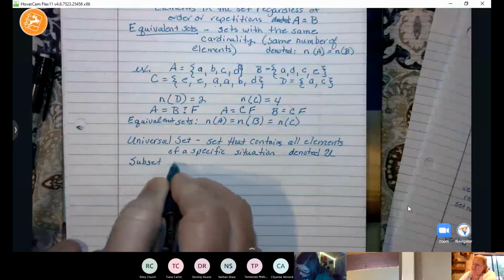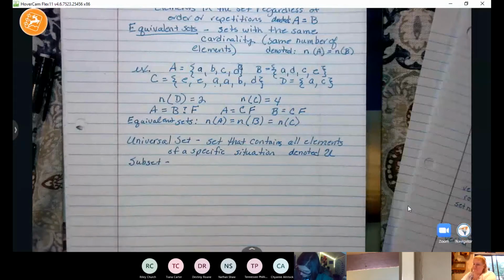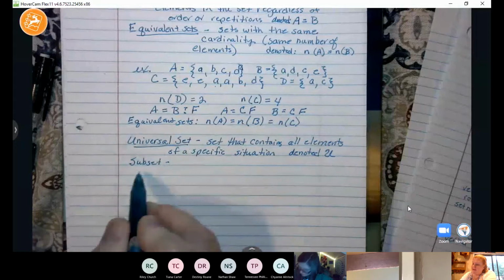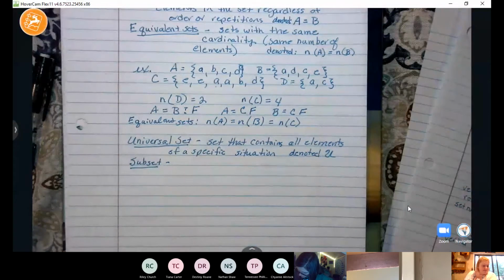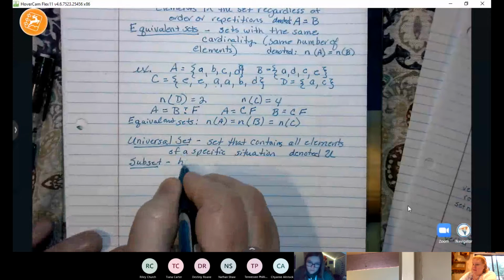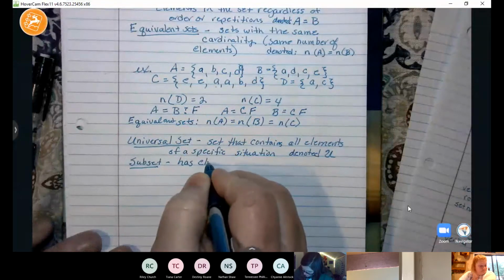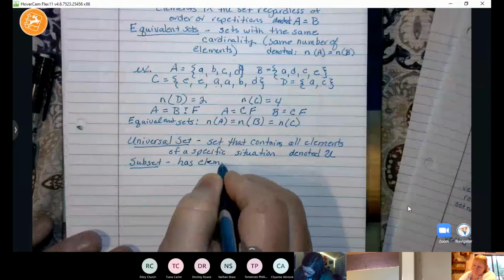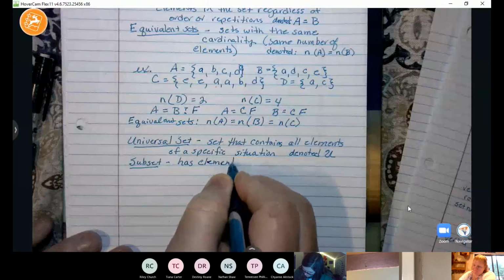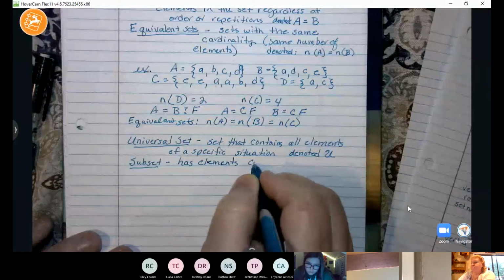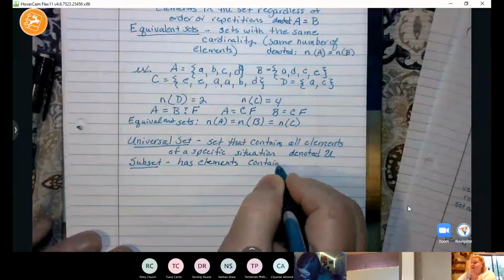The term subset. So we have universal set, and now we have subset. It has elements contained in another set.